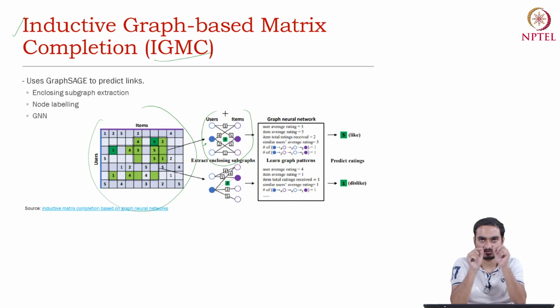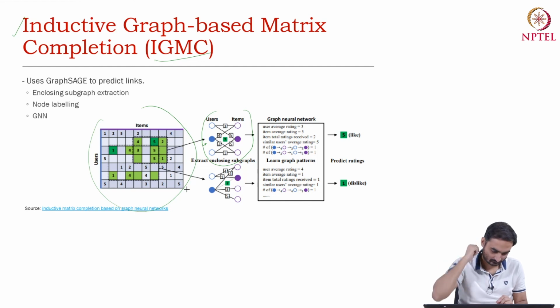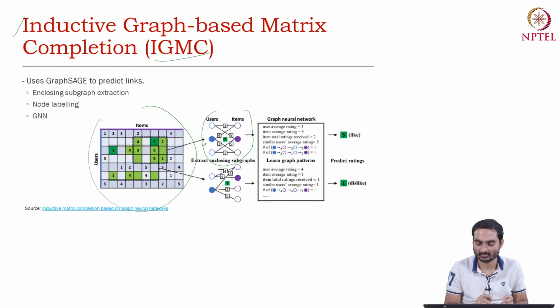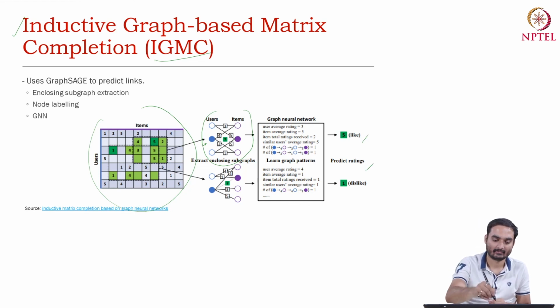An enclosing subgraph is basically a nearby subgraph around that particular node, and then you run a GNN based approach. You can use GraphSAGE kind of approaches, and then you get the representation. Whenever a new node comes in, you can easily use the pretrained model and come up with representations, and then predict the likes or ratings or directly recommend products.